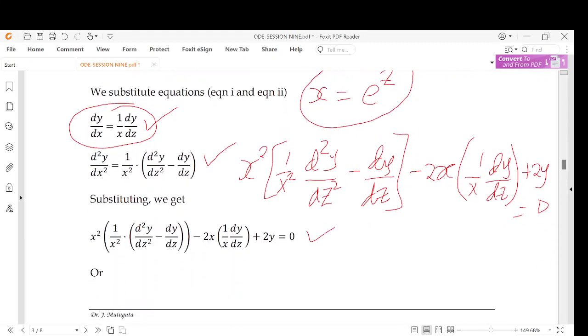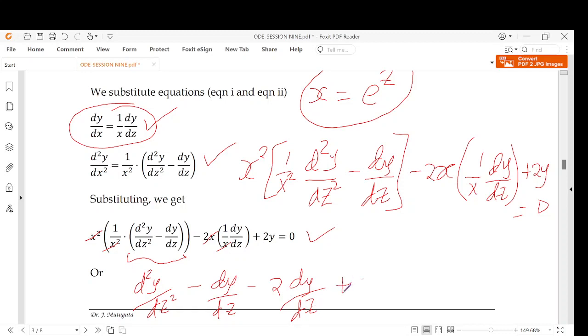Notice that the x squared here cancels this one, and x cancels x here. So for the first term, we are left with d squared y by dz squared minus dy by dz. The second term, when we cancel out x, we are left with minus 2 dy by dz.